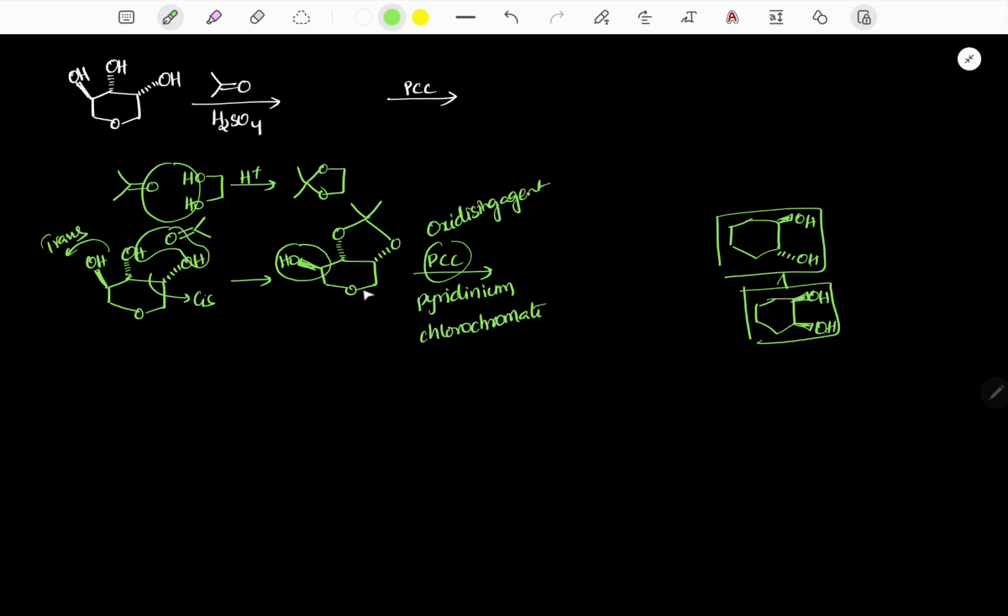The remaining functional groups are ether, ether, ether. Ether does not undergo oxidation. Only the secondary alcohol undergoes oxidation. Therefore, the corresponding product is a ketone. It is our corresponding product.